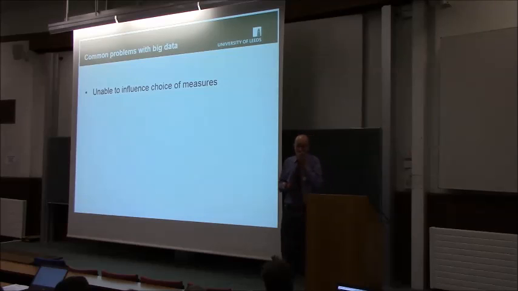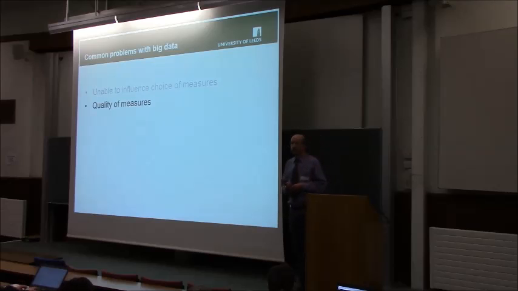So, some of the problems for some of these examples, like the administrative data, the consumer data, is inability to influence our choice of measure. Sometimes we're just stuck with collecting information that we have. We can't make it any better than it is. And that can be a problem, inasmuch as we can't improve the quality of the measure that we have.